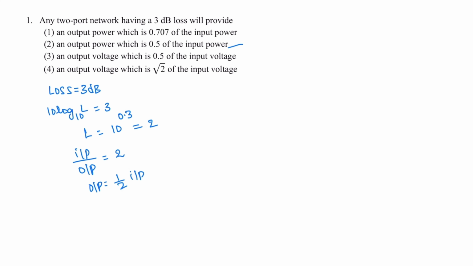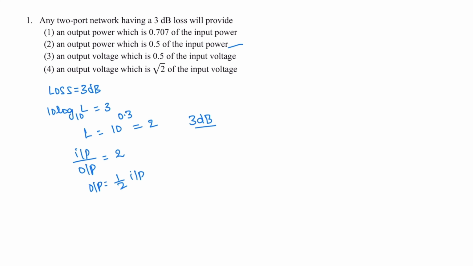Any two-port network having 3 dB loss will provide an output power which is one half of the input power. Hence, 3 dB frequencies are called half power frequencies because these are the frequencies at which power is half of the maximum value.